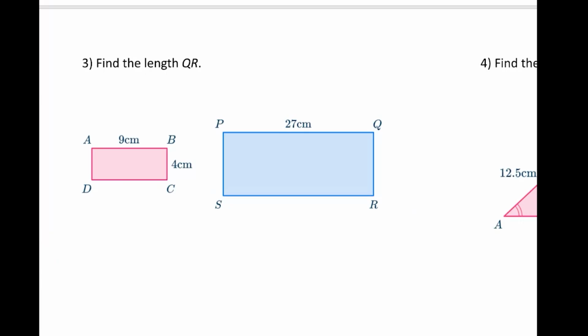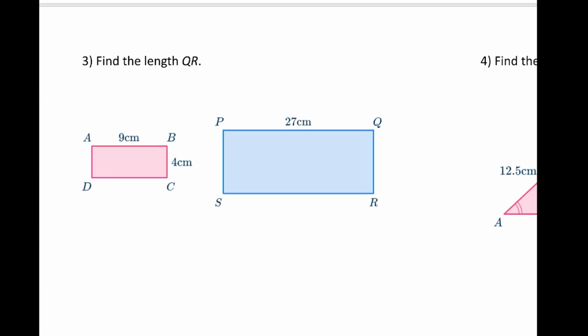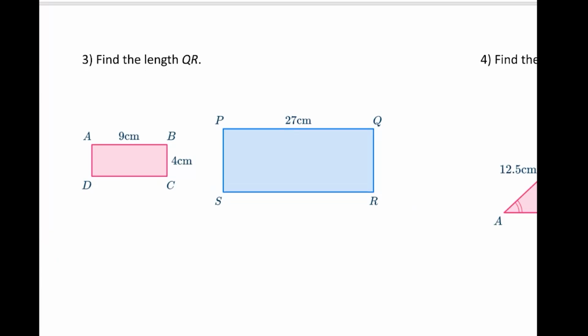To find that scale factor, you need to figure out what am I multiplying by? If I'm going from side AB to side PQ here, what number am I multiplying by to change 9 into 27? 3, yeah. So my scale factor here is going to be 3.